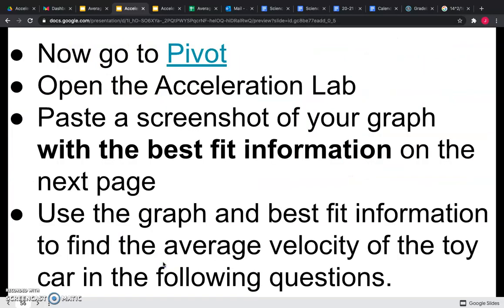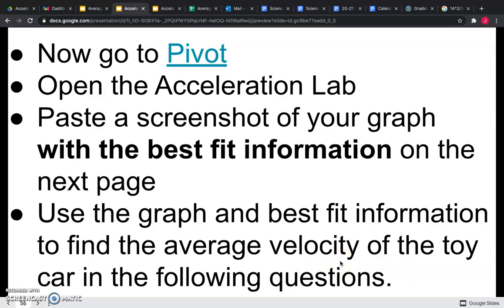Okay, and so then now you're going to take this, you're going to do the same thing with the data from the acceleration lab. You're going to go to Pivot, and you're going to get a screenshot of your graph again. This time, make sure you get the best fit information with there, right? So if you haven't done a quadratic fit to your data, you need to do that first and attach the data with a best fit line. And you're going to use the graph and the best fit information to find the average, no, not the average velocity.